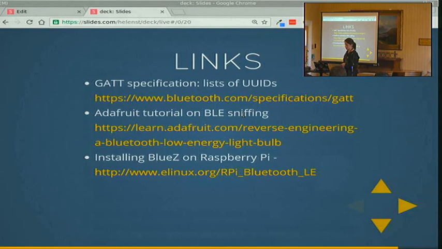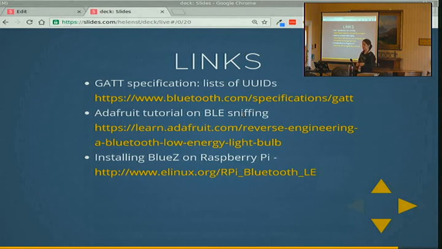Finally, a few links. So we've got the GATT specification, which gives you lists of standard UUIDs, and so that's really useful for looking things up. I'm not exactly the first person to reverse engineer a Bluetooth light bulb.